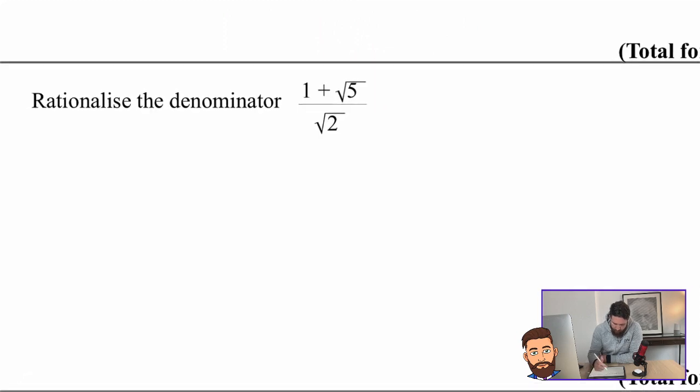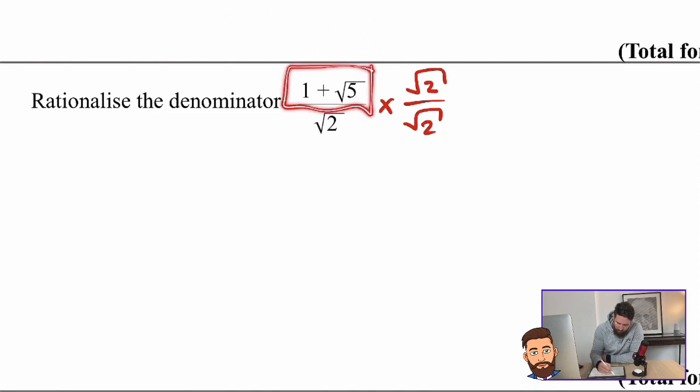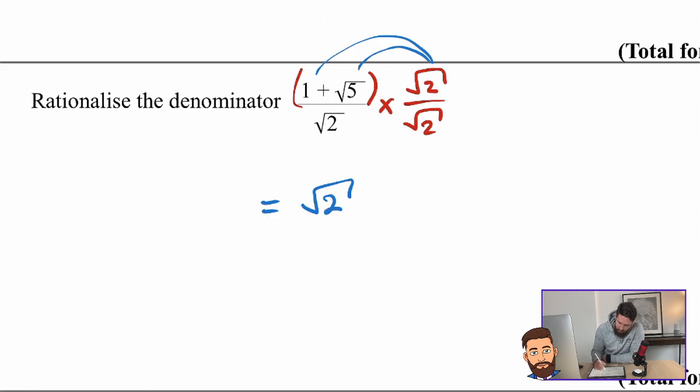You put brackets when you, hopefully you realise I need to times top and bottom by root 2. There's more than one thing on the top of my, more than one term I should say, on top of my original fraction, so it needs to go in a bracket, and I need to expand the bracket. So I'm going to get 1 times root 2 is root 2.